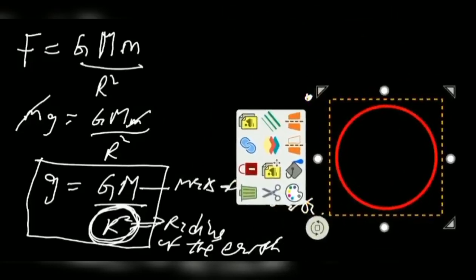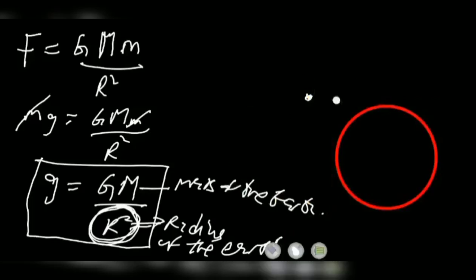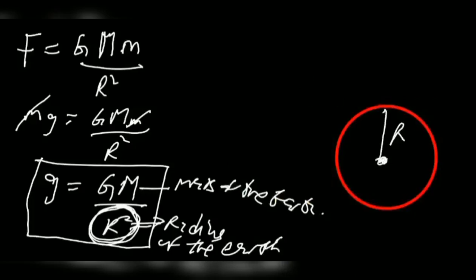Let me take for instance that the body is not on the earth's surface. Assuming the body is at a distance h from the earth's surface. Now this one is another case. Let me say this is the object. You can see the object is not on the earth, it's at another distance away from the earth.